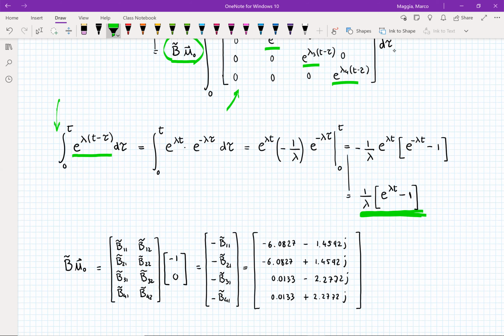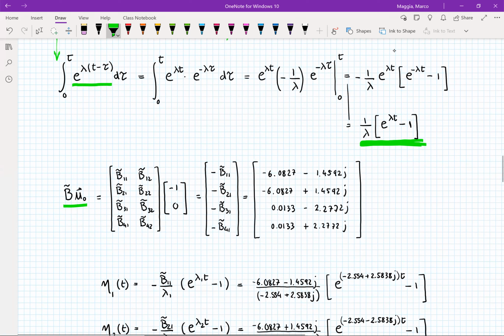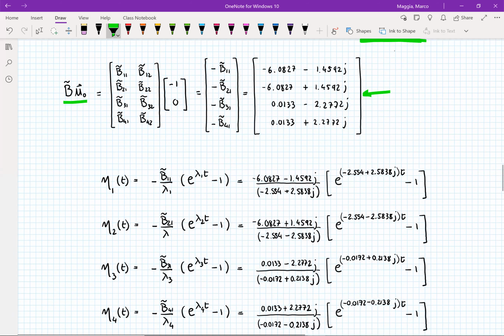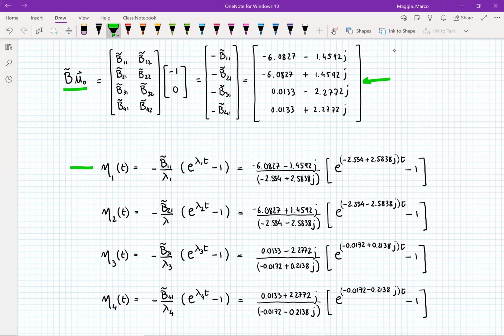So now we have the vector B tilde U naught, and here I'm giving it the numerical values. Therefore, we can write down the solutions for the modal amplitudes, eta 1 all the way to eta 4. And right here, I gave a little analytical expression, like a formula, and to the right, we have the actual numerical expression. But still, we did it analytically.